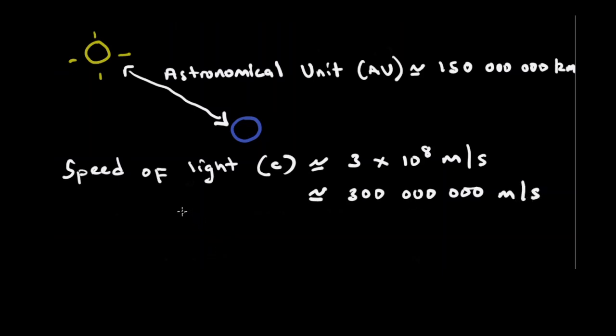In order for us to find out the time which light takes to travel from the sun to the earth, we are going to use proportion. So this is going to be our method number 1.